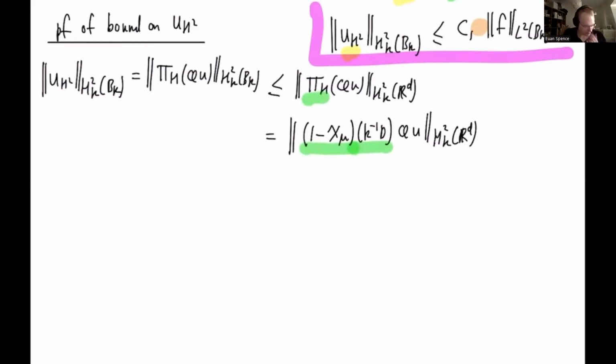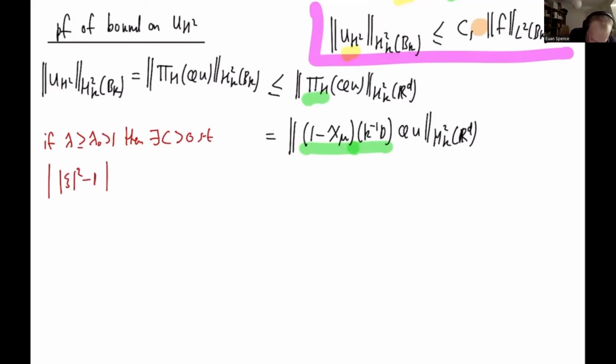Okay, now we use what Stephen was saying, which is that if lambda is greater than or equal to some lambda naught greater than 1, then there exists a constant c, depending on this lambda naught, greater than 0, such that the modulus of psi squared minus 1 is bounded below by some constant c times this angle bracket psi, for mod psi greater than or equal to lambda.